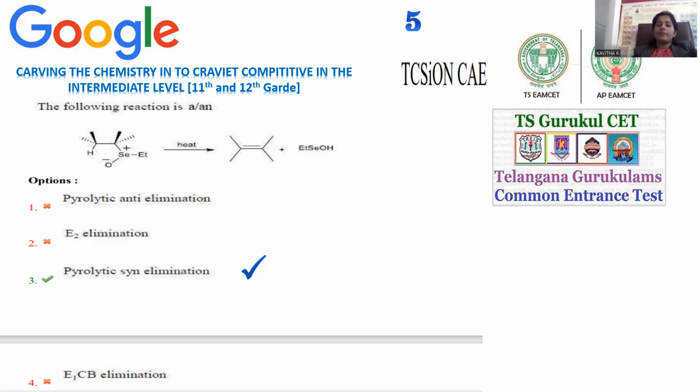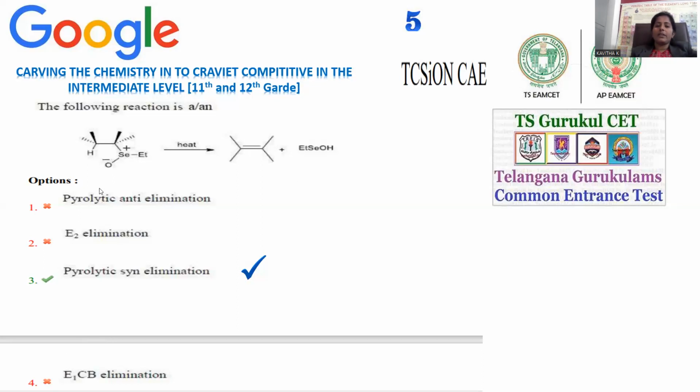CB stands for conjugate base mechanism: first of all H plus will be removed, later on the remaining part will depart. Whenever H plus is removed, we will get a base, that means a negative charge, which is called the conjugate base. But the reaction is not proceeding with such a removal of H plus followed by any other bulky group.